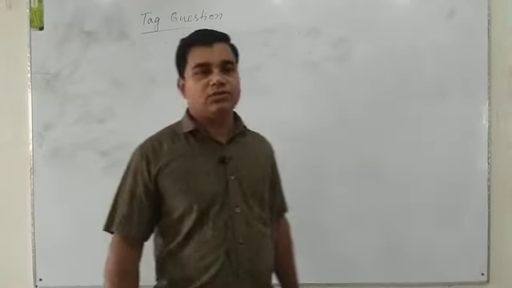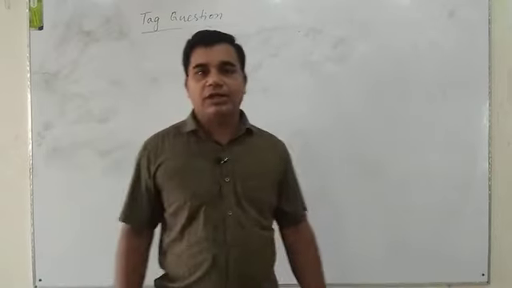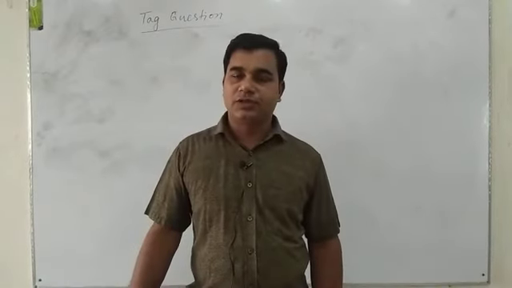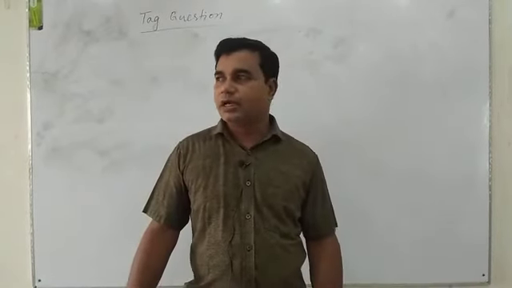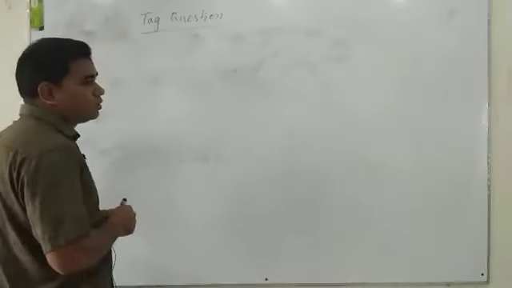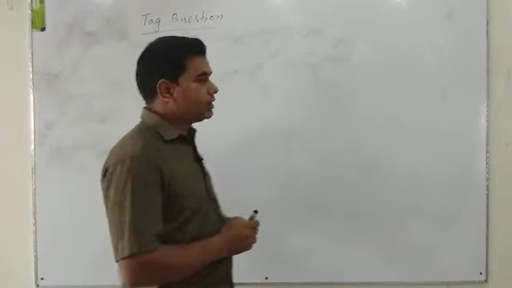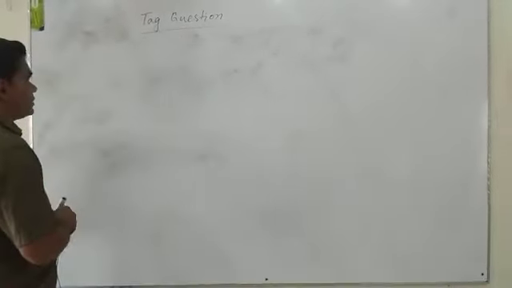At last we have to use an interrogative sign because it will be a question. That means tag question. You will be more clear if I give an example. Let us discuss with the example.